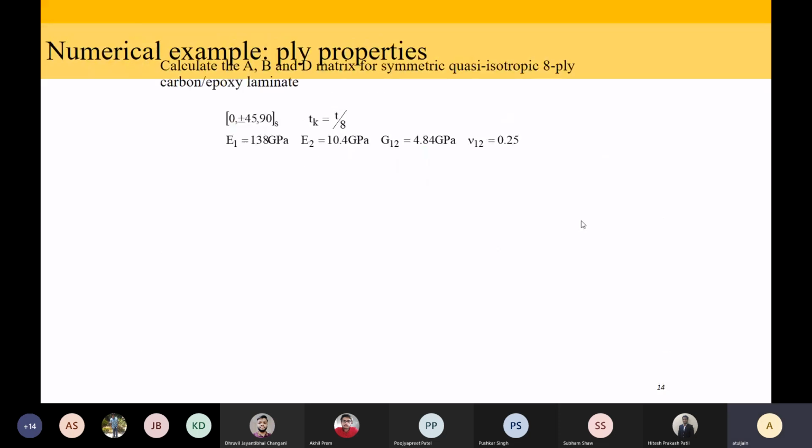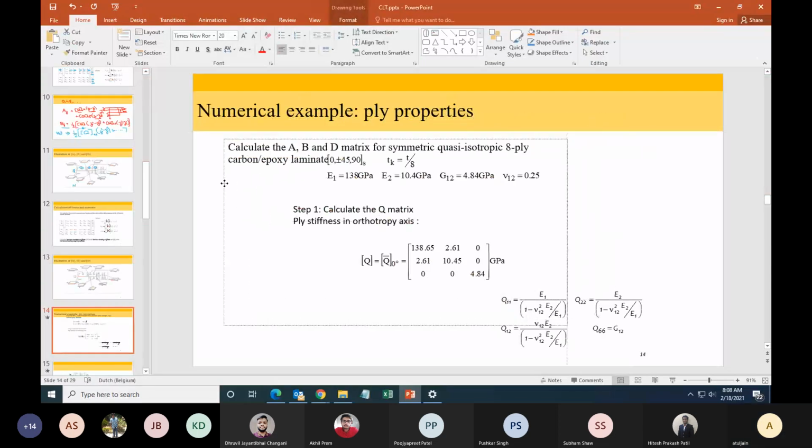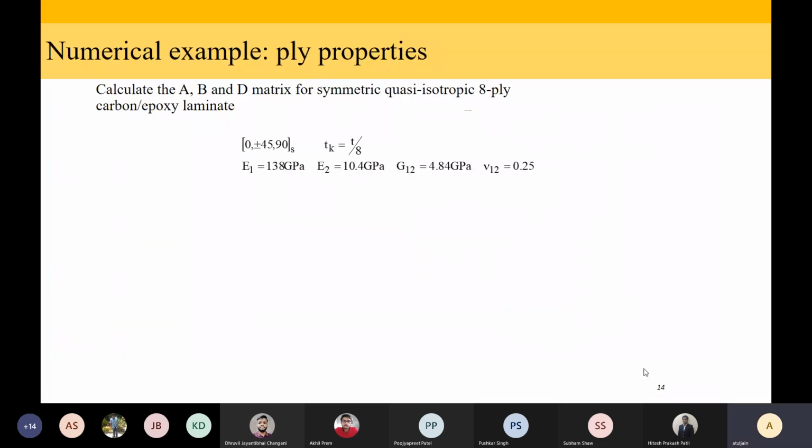Okay, good. So now let us try to solve a problem. The problem is you have to calculate the A, B and D matrix for a symmetric quasi-isotropic 8-ply carbon epoxy laminate.